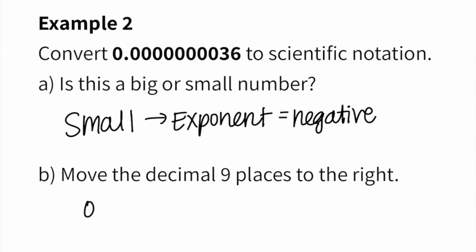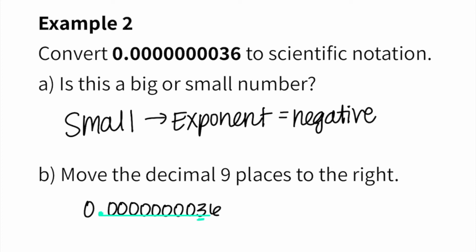So we're going to move the decimal to the right until we get right after the first non-zero number. 1, 2, 3, 4, 5, 6, 7, 8, 9.